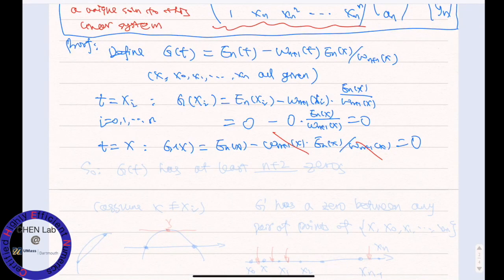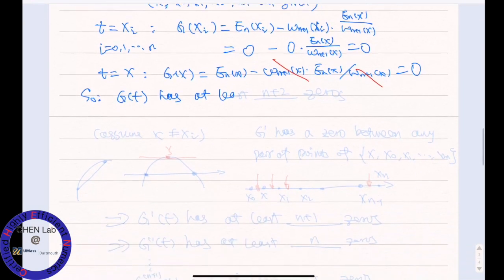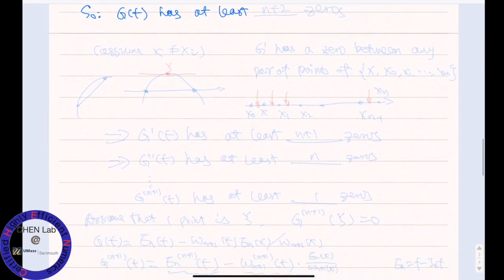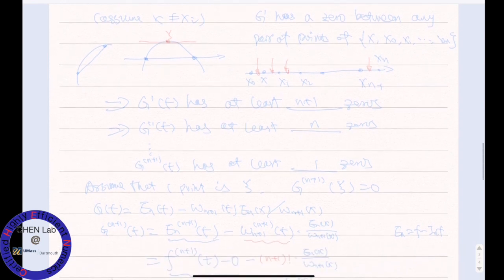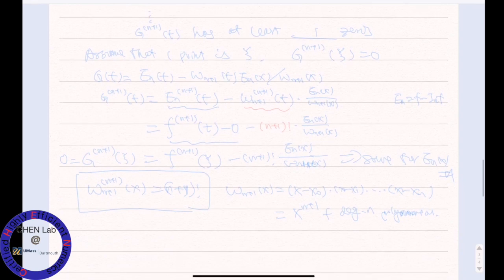So our function g of t has found many zeros. There may be some other zeros that we don't know. But how many have we found?